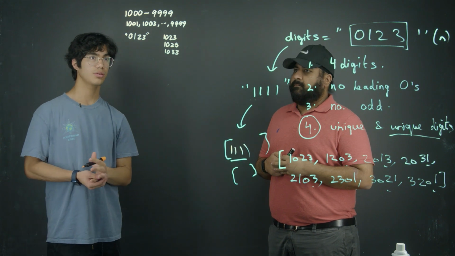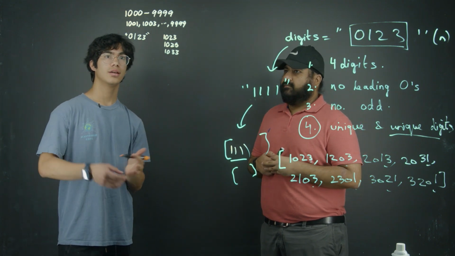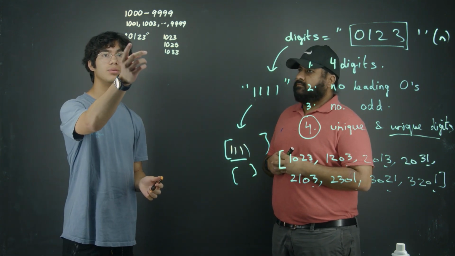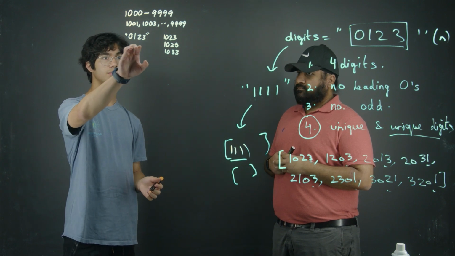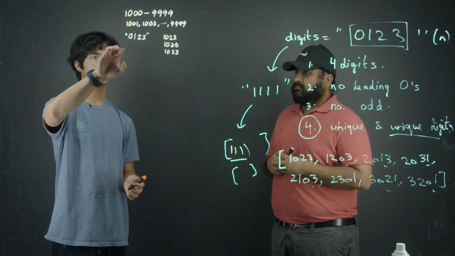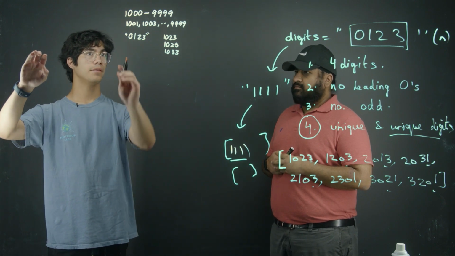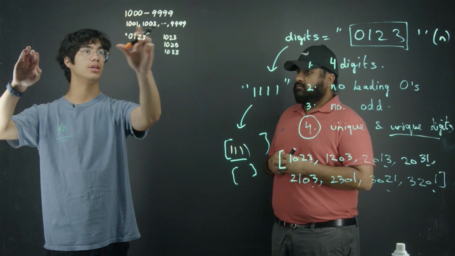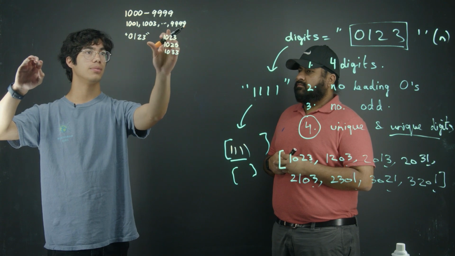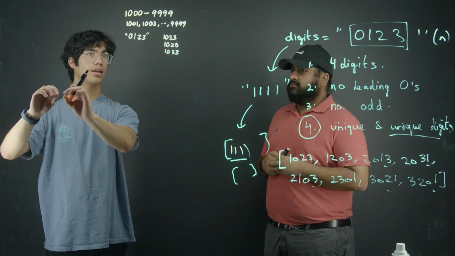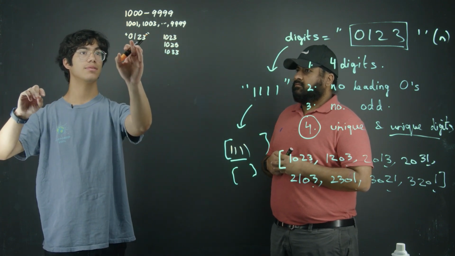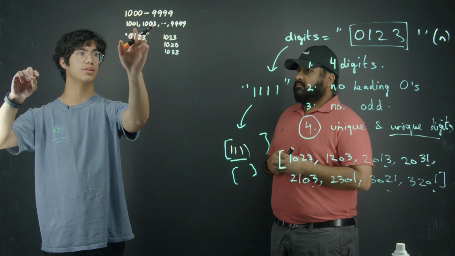So what I'm planning on doing is enumerating through this string first, so digits, and then just recording the frequency of each character. And I would do that with a hash map. Then I'm enumerating through each 4-digit number and saying, okay, can I construct that based off of the frequency of the characters in here?